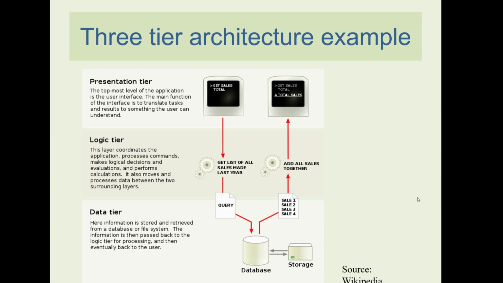And then again, when the database responds to the query made by the logic tier, then again the logic tier will put this retrieved data together and place it probably in some HTML page, and then send this constructed HTML information to the presentation tier. So this is the basic idea of three-tier architectures.